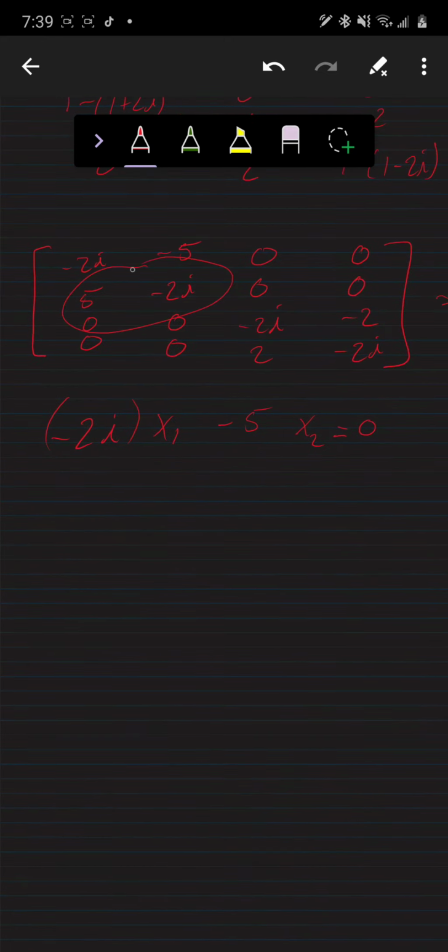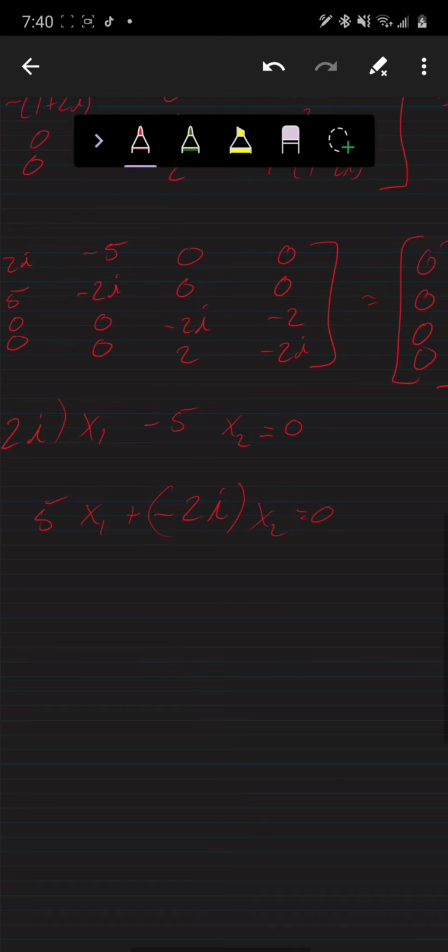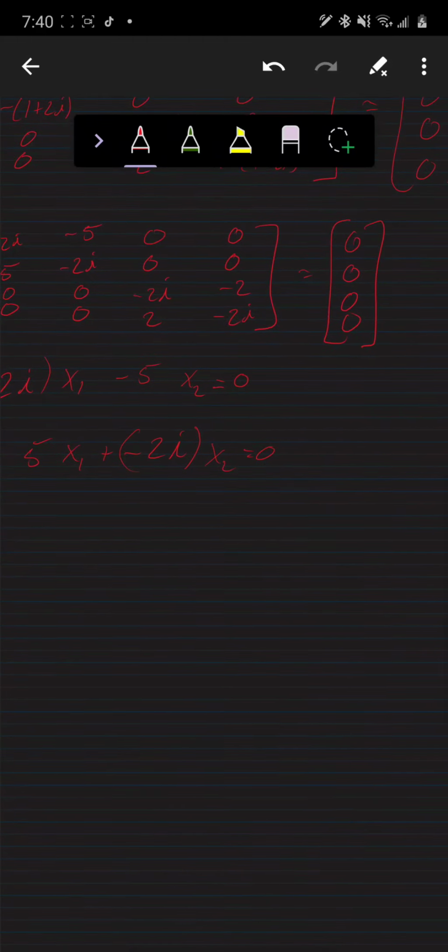That's for the first one. Now for the second one, it's going to be 5 x1 minus 2i x2 equals 0.